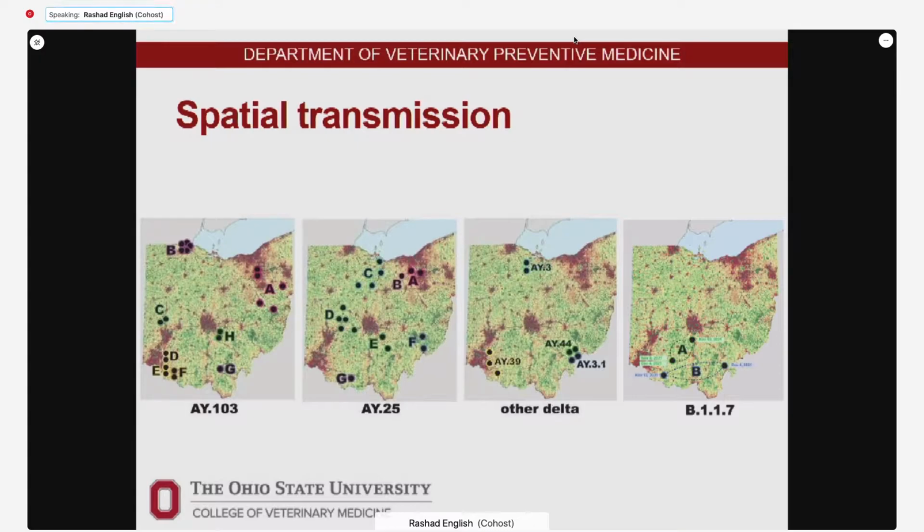But then you can also see other clusters like cluster B, which is in an urban park setting, and so you can see the transmission within that park setting where you have those clusters. If you look all the way over to the far side, we'll pick up the alphas, and so you can see maybe a little bit wider transmission, especially in those viruses that had been in the deer for a longer period of time across southern Ohio.